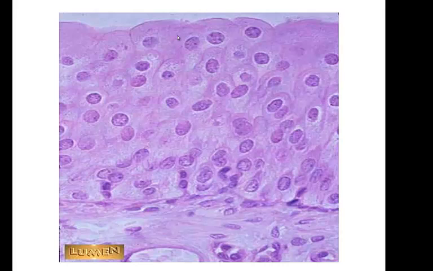We find this in the bladder and in the urethra and in the ureter, mostly in the ureter and the bladder. But when your bladder is empty, this transitional epithelium is going to look like this. When your bladder gets full, this epithelium is going to stretch and it's going to look more like stratified squamous epithelium. So it's going to go through transitions.